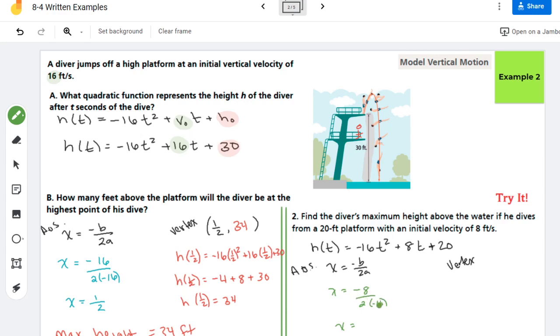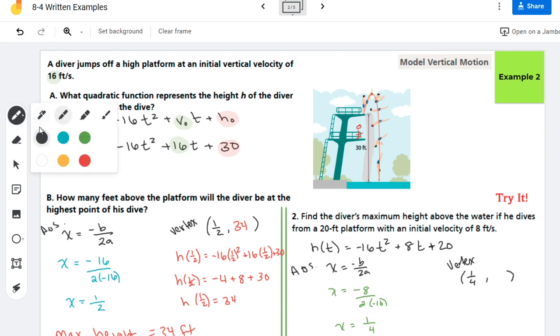The negatives cancel out, and the 8 and the 16 cancel out, leaving a 2 in the bottom. So that gives me 1/4 for my axis of symmetry, x value, or t value. Now I'm going to plug 1/4 into my function and figure out the maximum height. So I'm finding h of 1/4.